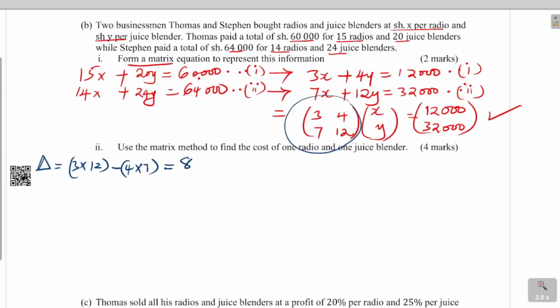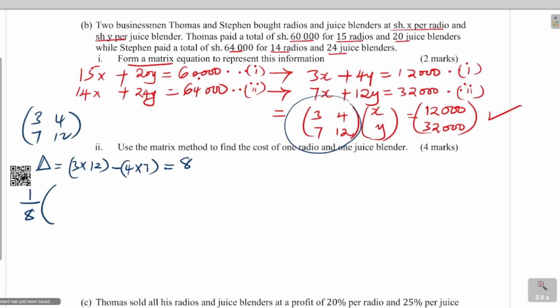After getting the determinant, you should get the inverse of that matrix, 3, 7, 4, 12. You get the inverse by taking 1 divided by the determinant, and then you interchange these terms, you know how we do that.